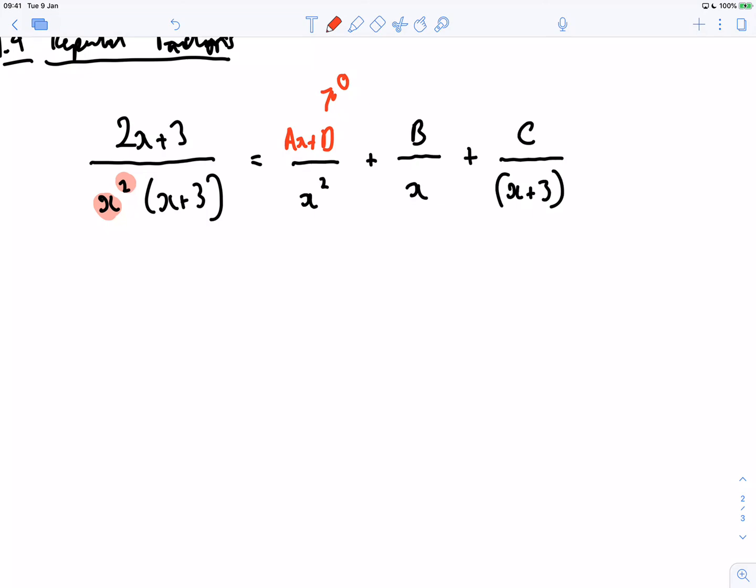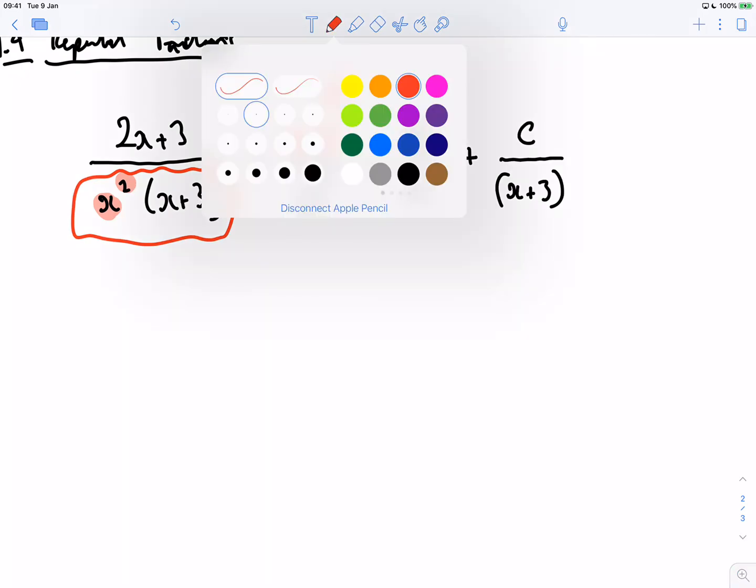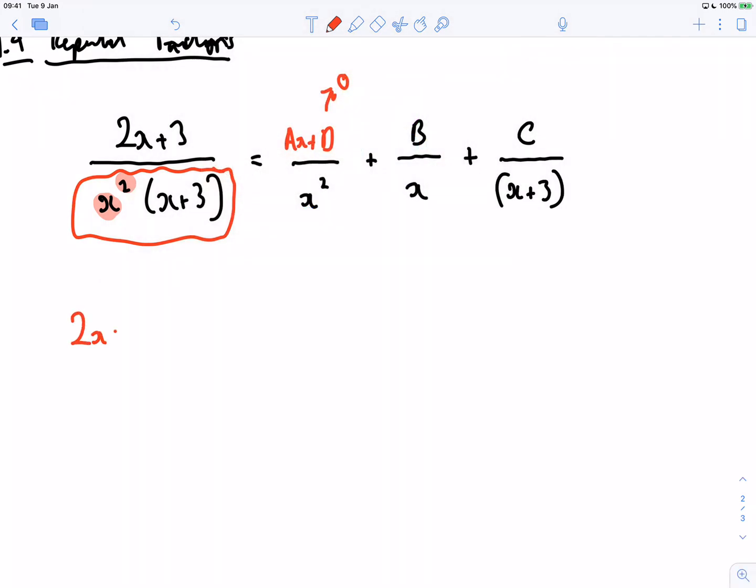First thing we're going to do is multiply both sides by the denominator. The reason I do that is because there's order 1 on the top, and this is clearly going to be a cubic on the bottom, so the top definitely is smaller than the bottom. Okay. So on the left-hand side, I'm going to have 2x plus 3 equals, now I've got ax plus d, lots of, well actually no, the d's not going to be the 0, the a is going to be the 0, because there's going to be no x terms, but anyway, we'll get there.